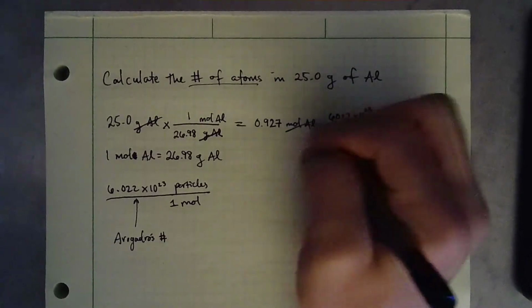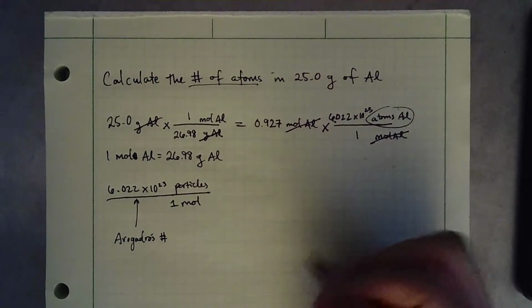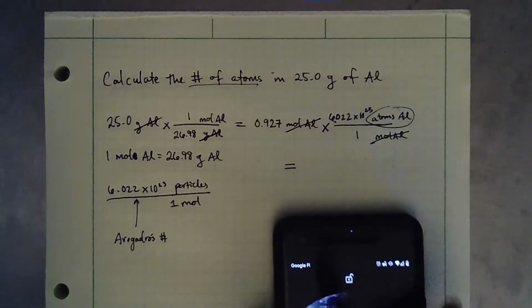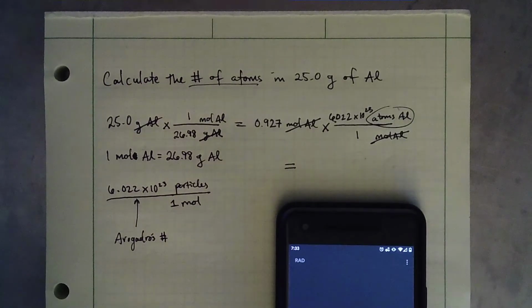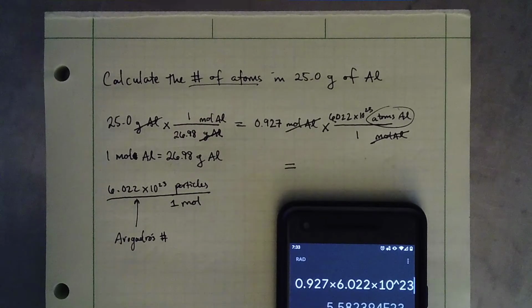I'm going to cancel out moles of aluminum, and I'm going to be left with atoms of aluminum, which is what I want to know. So let me get the calculator back out here one last time and proceed with the calculation: 0.927 times 6.022 times 10 to the 23rd.